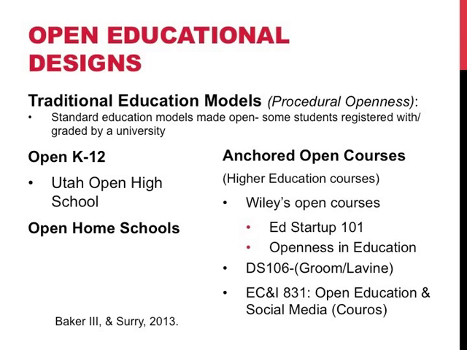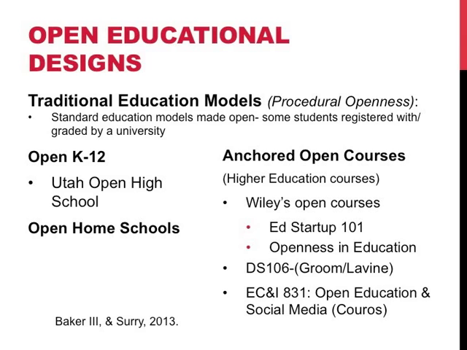The higher education model, the anchored open courses, will have traditional students actually registered in a university, and then other students who are not registered will have access to that. But the primary concern of the educator, at least to some degree, is those registered students, and then other people can benefit from it.